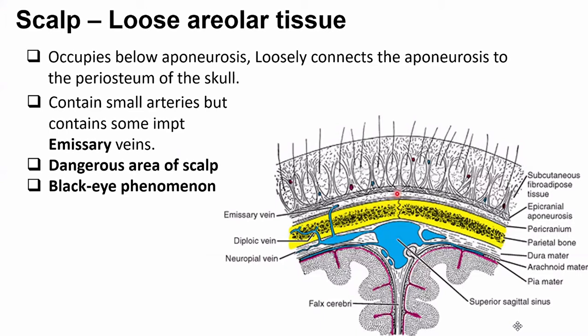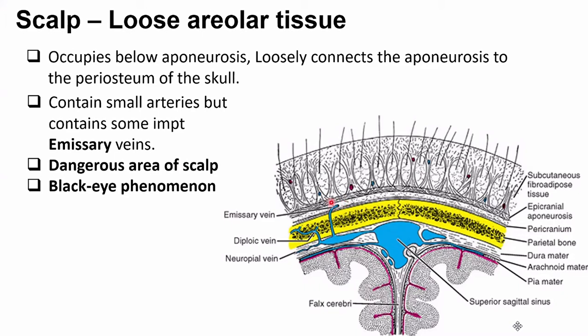The emissary veins usually come from the sinuses, go through the skull, pass through the periosteum, and go inside the connective tissue. They are devoid of valves and communicate the veins of the scalp with the intracranial venous sinuses.